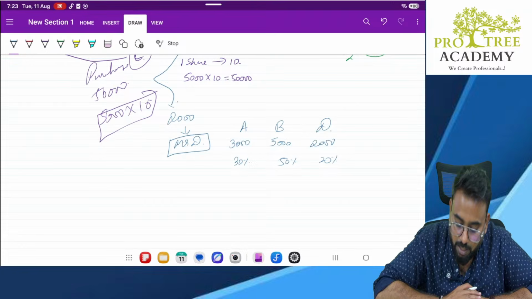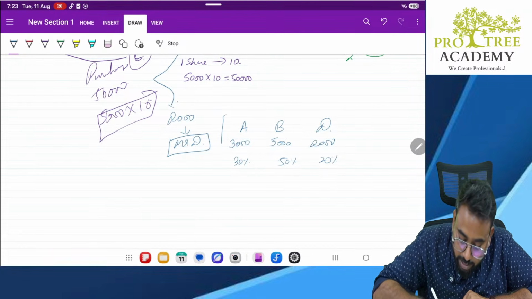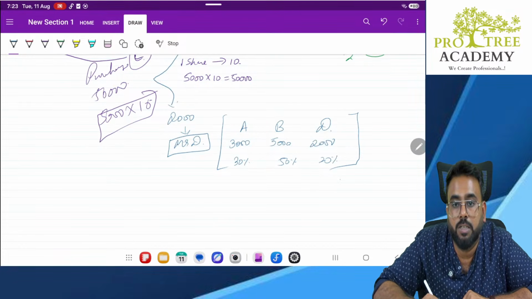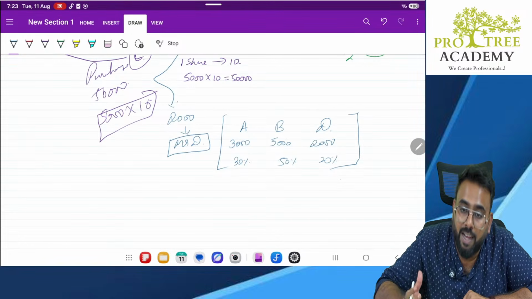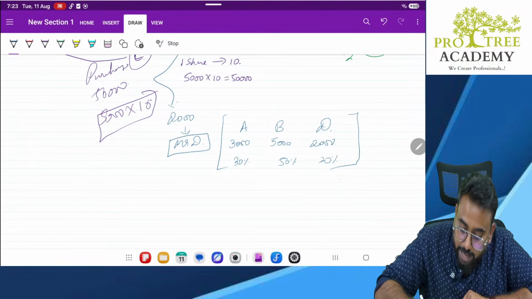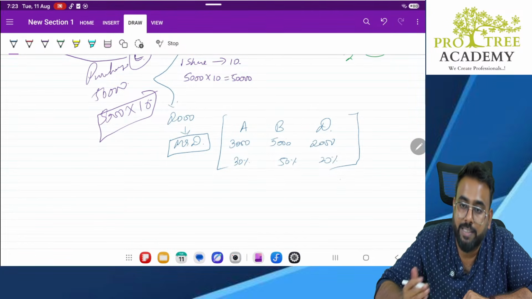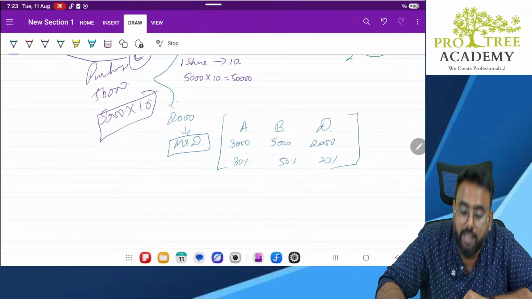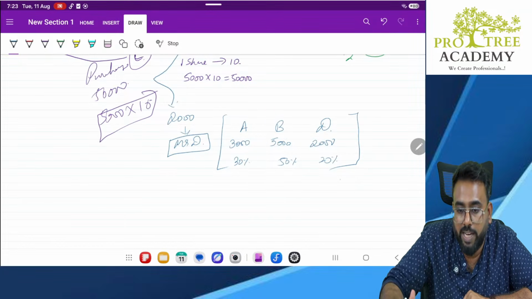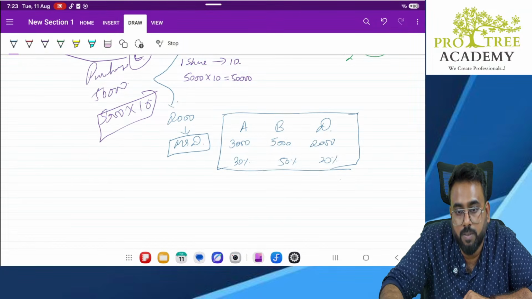Clear? Yes. So, can you understand the flexibility which the company offers? This is the whole reason why a company is formed, where any person can come in and any person can exit without any worry, without any major hiccups.